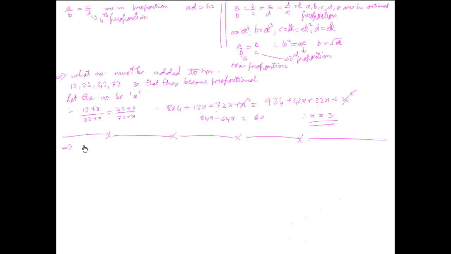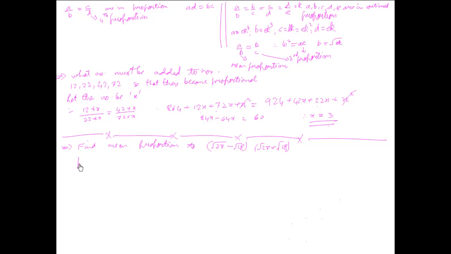Question says, find the mean proportion to root of 27 minus root 18, root of 27 plus root 18. Now children, according to the formula, we've got b squared equal to ac.